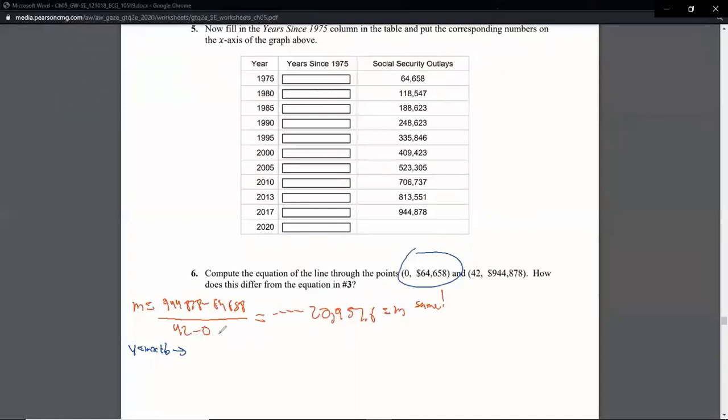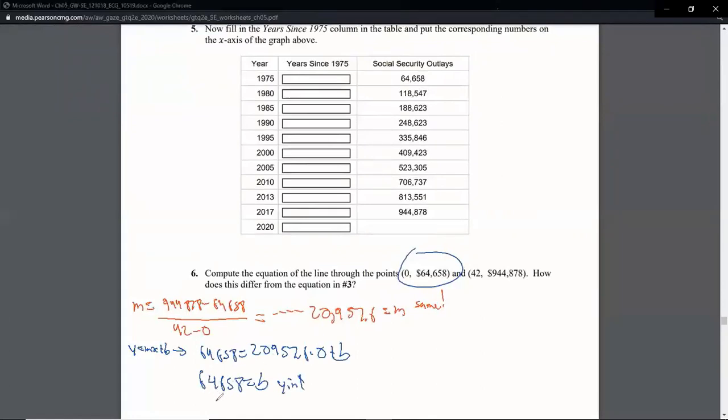So the y value is the 64 grand, the x value is the 0. So 64,658 equals 20,957.6 times 0 plus b. Anything times 0 is 0. So we get 64,658 equals b, which is our y-intercept.